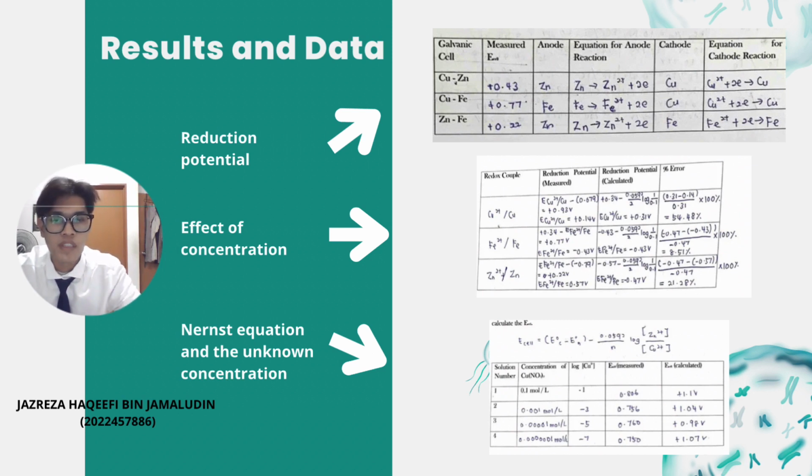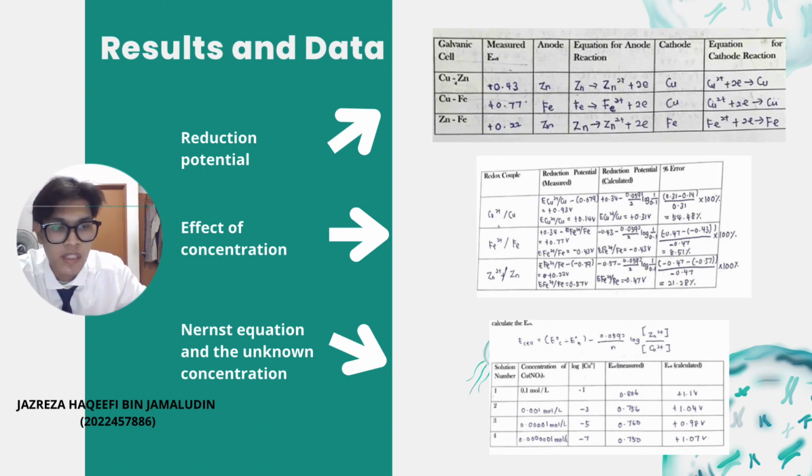Alright, we move to the third and last part, which is the Nernst equation and the unknown concentration. Here we can see that after we calculate the concentration of copper nitrate, it is decreasing in value.